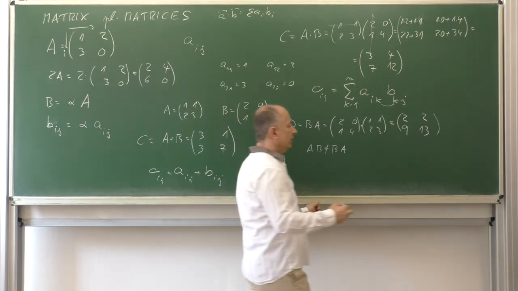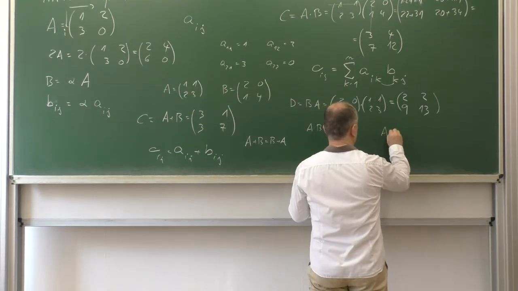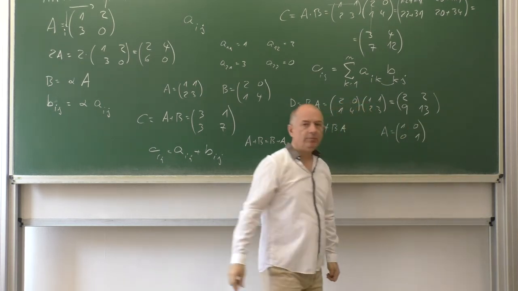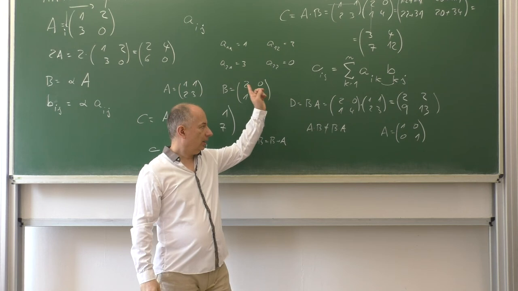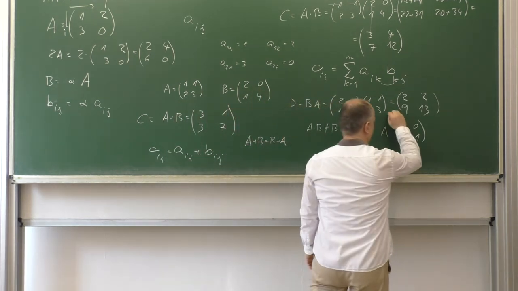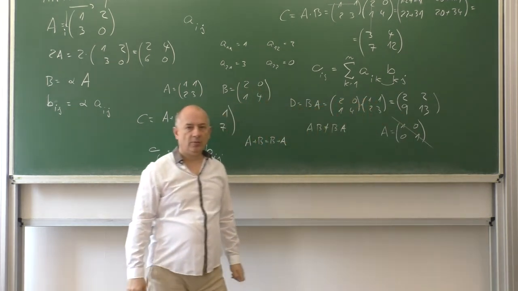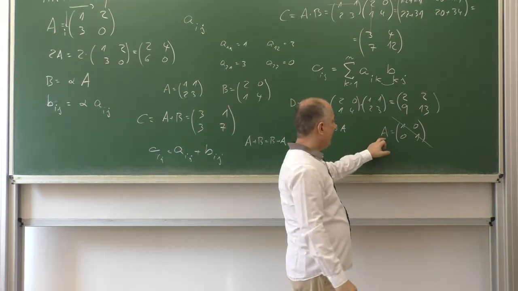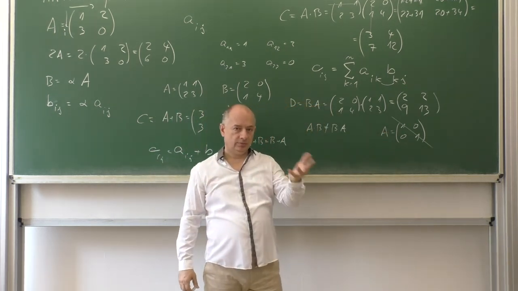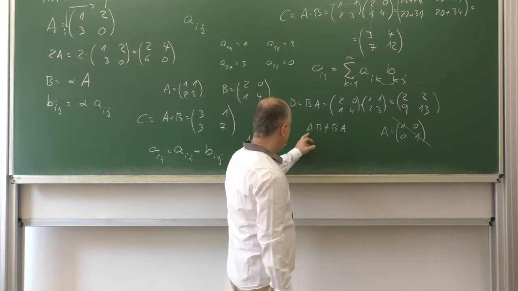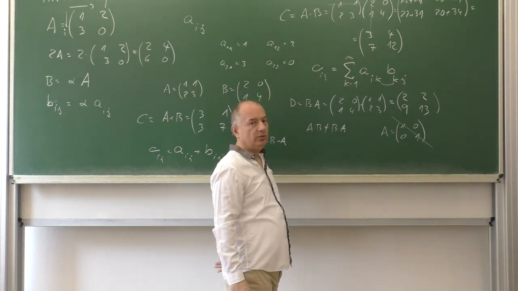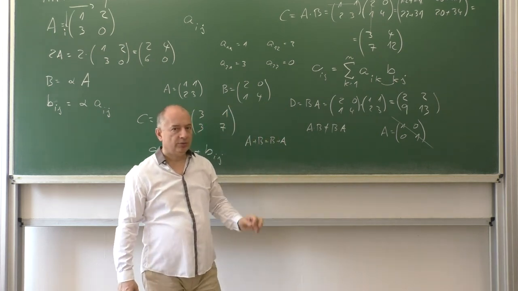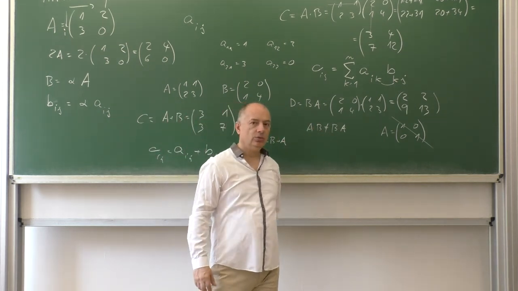Or if A is the unit matrix. The unit matrix is a matrix that has 1 on the principal diagonal and 0 everywhere else. And if you multiply it with any matrix, you get the matrix itself. So then AB is equal to B, and BA is equal to B. So if A is the unit matrix, then it is true that AB is BA.